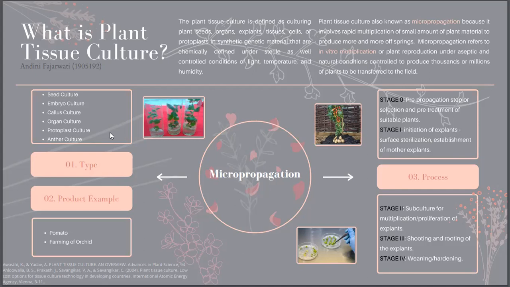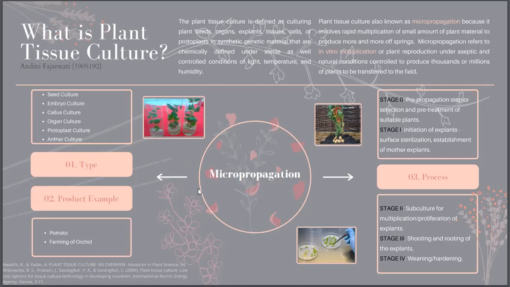Anther culture is culturing anther or a part of the bud. So the unflowered flower, like the bud, is used as explant to grow a new individual. The product examples are Pomato and farming of orchid.